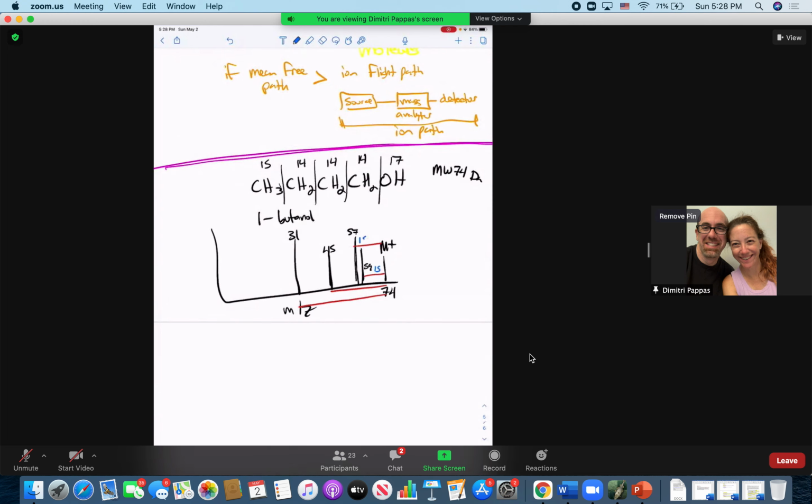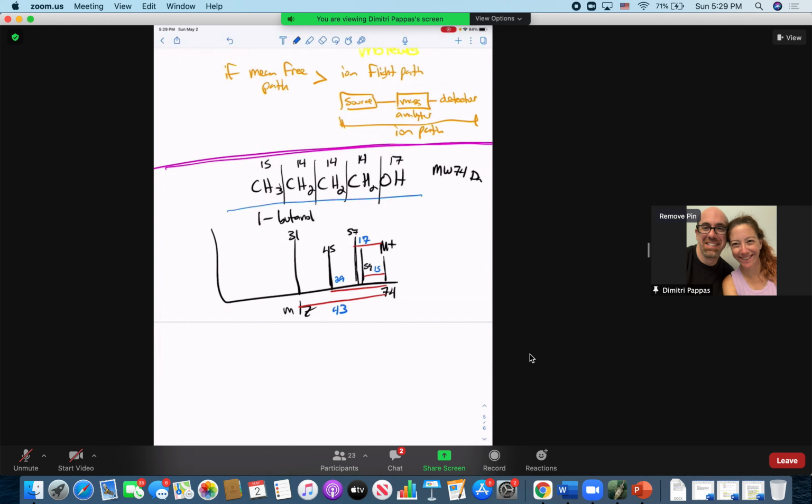This is a loss of 17. This is a loss of 29, if I'm correct. And, hold on. This is a loss of 43. Okay, so that's what we've lost to get to these values.